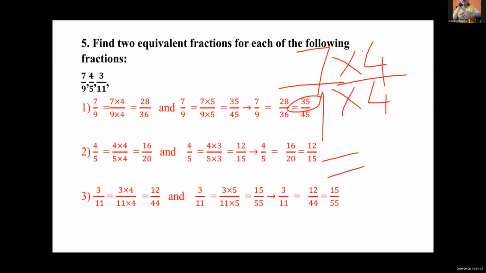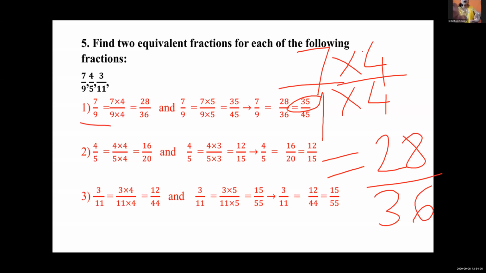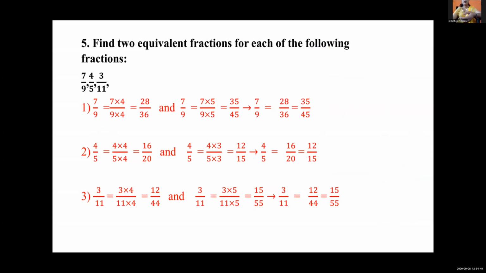So 7 4s are 28 and 9 4s are 36. So 28 upon 36 is the first equivalent fraction for this 7/9. 28/36. Now we'll see the second one.